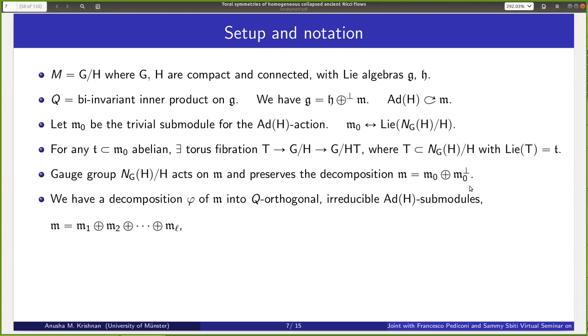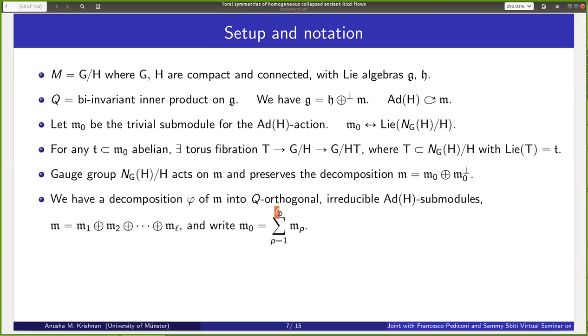And we will use the letter phi to denote a decomposition of M into Q-orthogonal and irreducible Ad H submodules, and we will number them from 1 to L. Of course, you may have several different decompositions, so we will want to specify which one; we will use the letter phi. We will also use the letter L naught to denote the dimension of the trivial module.